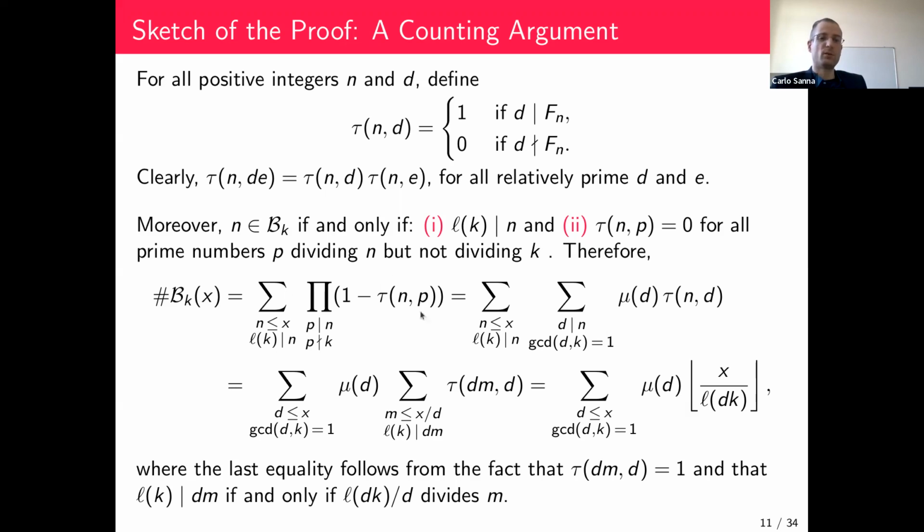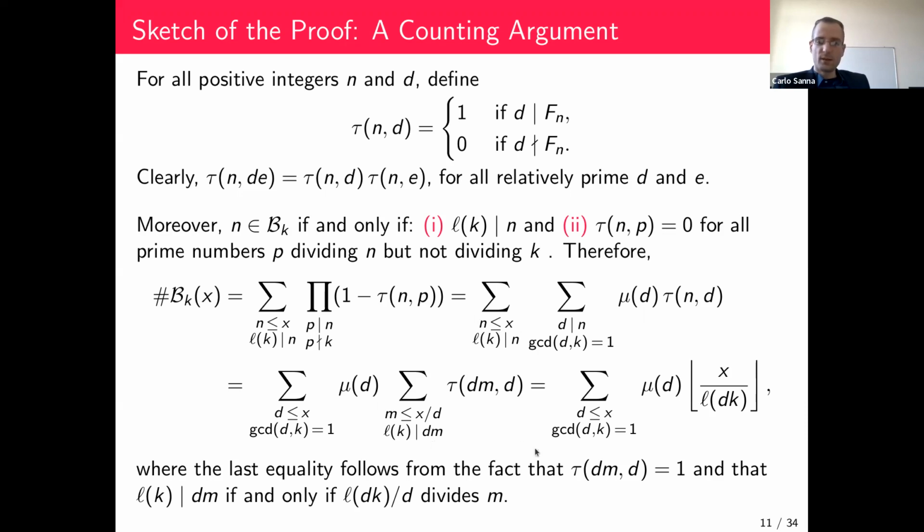So we can use this product to express this property. And then the product can be expanded by using the Mobius function. And again, we have the usual tricks of switching sums.